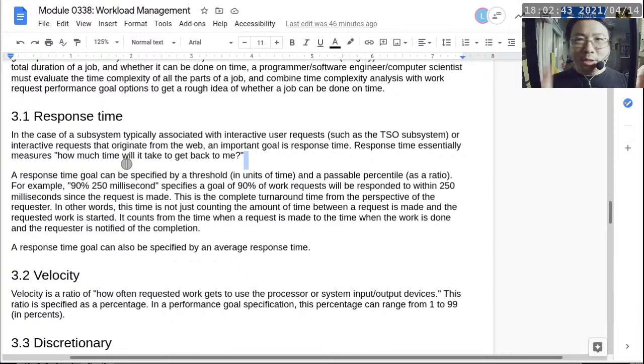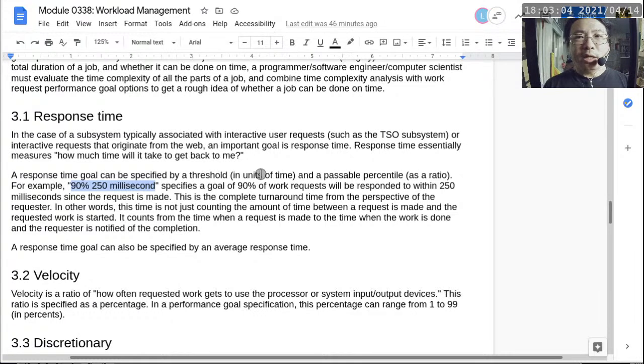So the next question now is, how do we specify a performance goal in terms of response time? There are two ways to do it. One way is to represent it by a percentile and a threshold.